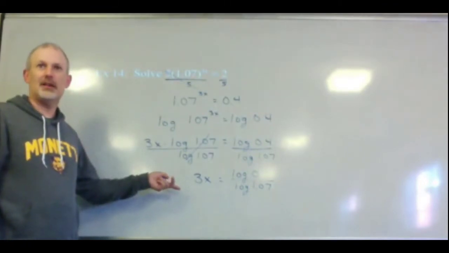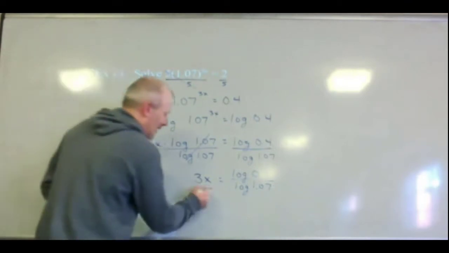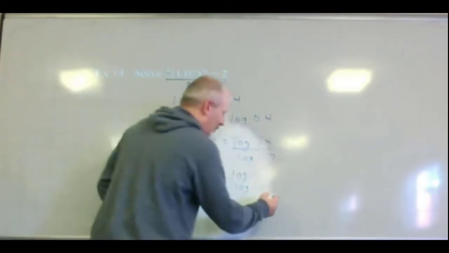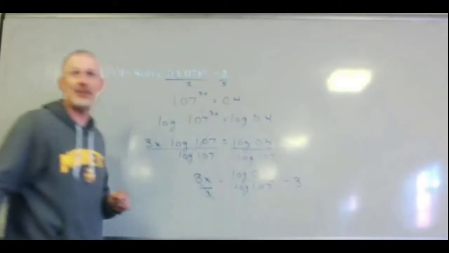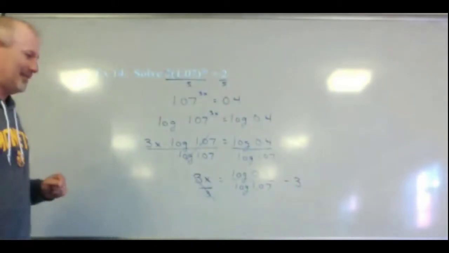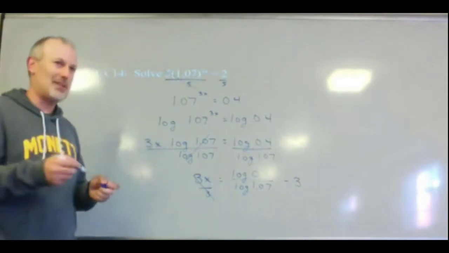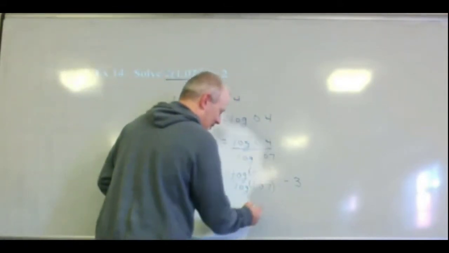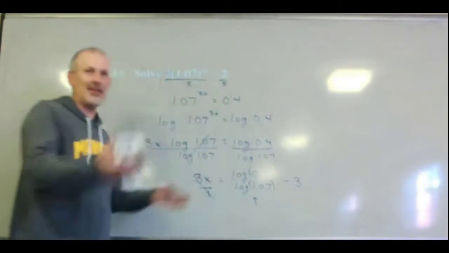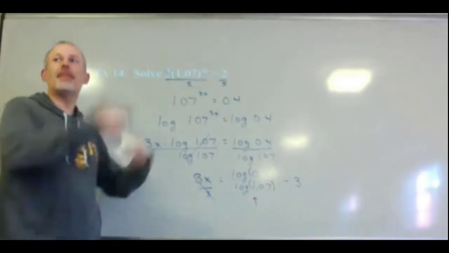Divide by 3. So if we divide by 3 over here, we've got to divide by 3 over here, but it can get a little messy. So I'm going to actually put it over here with our old-fashioned divided by sign, right? And here's how I would suggest typing this into the calculator. Type this into the calculator first, get your answer, and then divide by 3.